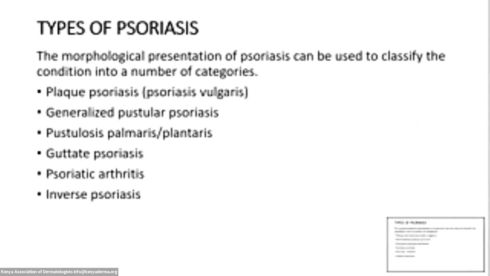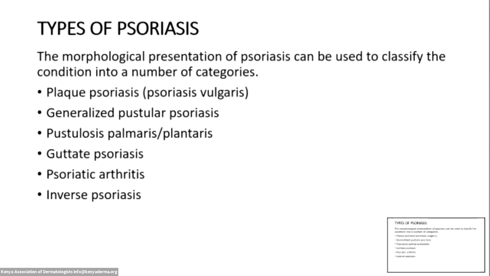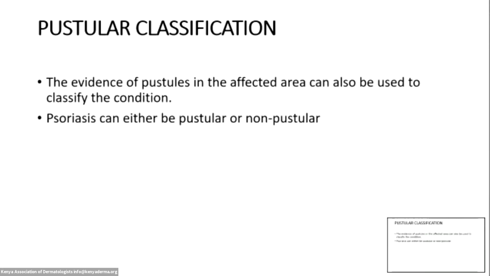So in terms of the types of psoriasis, this is actually based on the morphological presentation, what you commonly know as plaque psoriasis, generalized pustular psoriasis, erythrodermic, palmoplantar, guttate, psoriatic arthritis, and inverse psoriasis. So this is basically based upon the morphology of the psoriasis presenting.